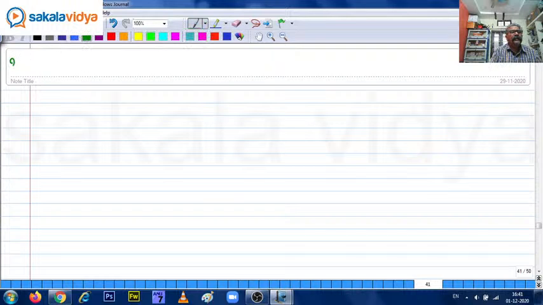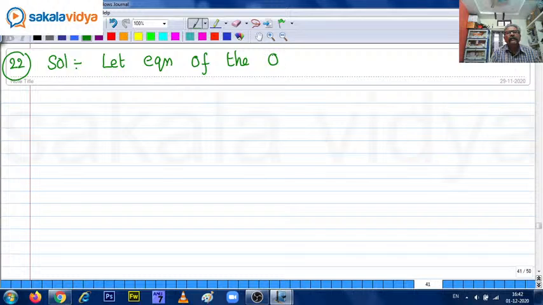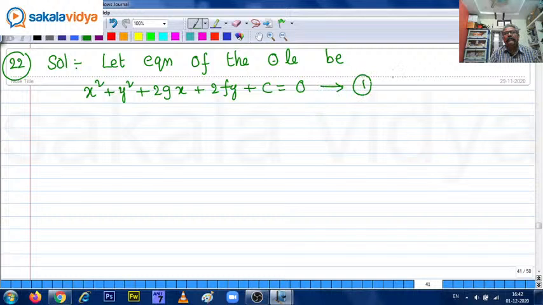Solution. Let the equation of the circle be x square plus y square plus 2gx plus 2fy plus c equals 0, equation 1.